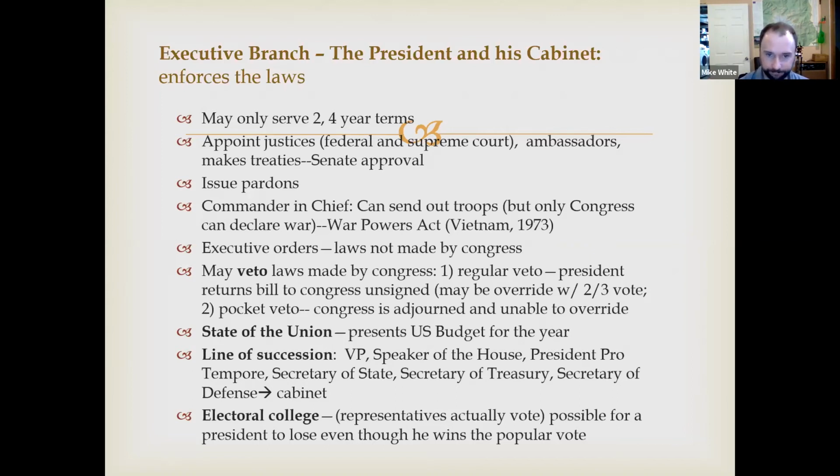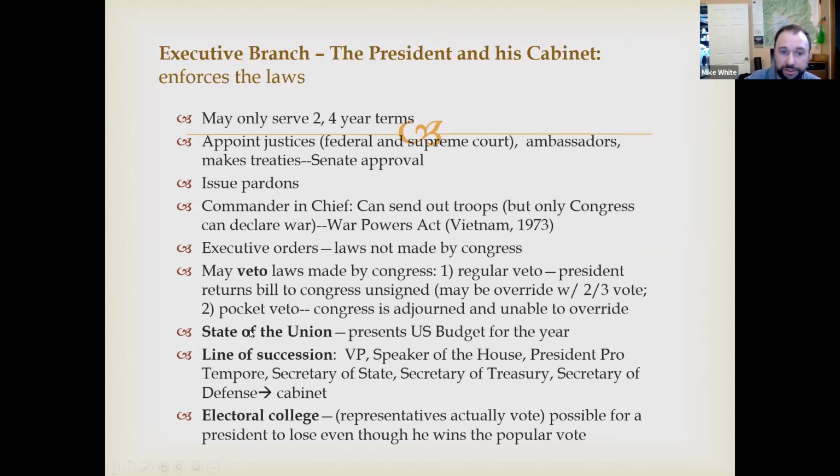So that veto can be overridden if both houses of Congress vote, 2/3 of those bodies vote to override the veto, then it will become a law regardless of presidential approval or not. Whereas typically a law only takes 1 point over 50%, right? It just takes the majority.